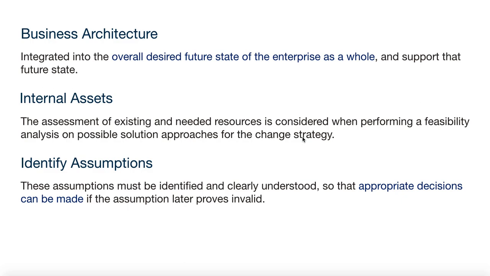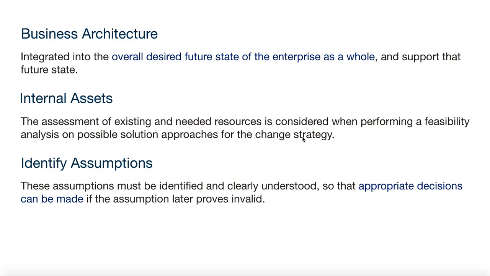It could be all the resources, it could be tangible, it could be intangible, but you need to consider what are all the internal assets that you have and see whether anything else is needed as part of the change strategy. Okay, you need to see if those resources and assets can be considered when you're performing a feasibility analysis on the possible solution.